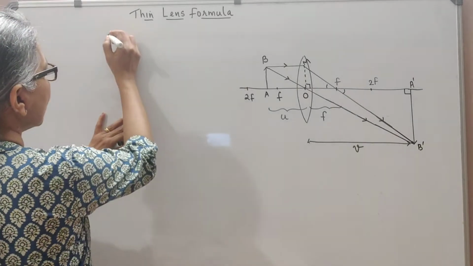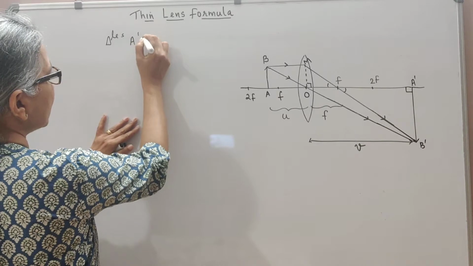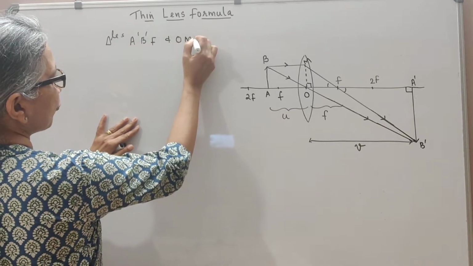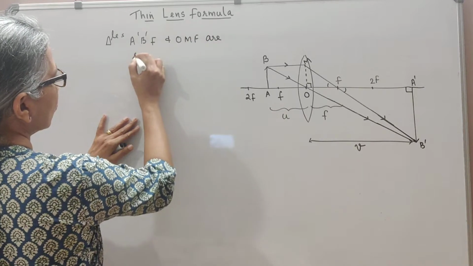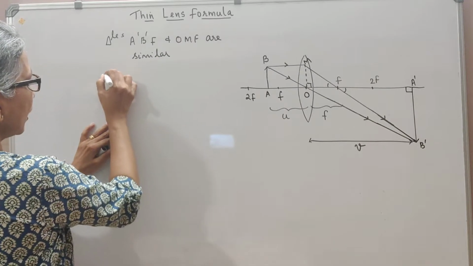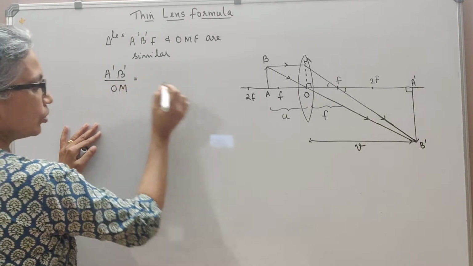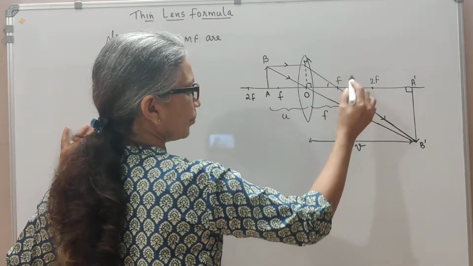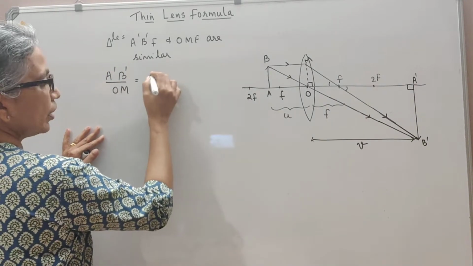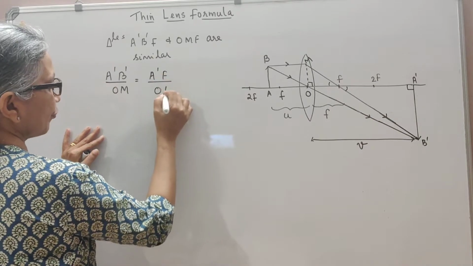Since triangles A'B'F and OMF are similar, we may write A'B' by OM equal to, taking the base of the two triangles, A'F by OF.